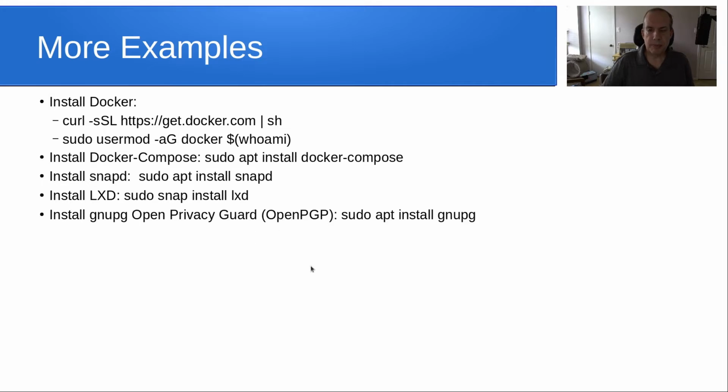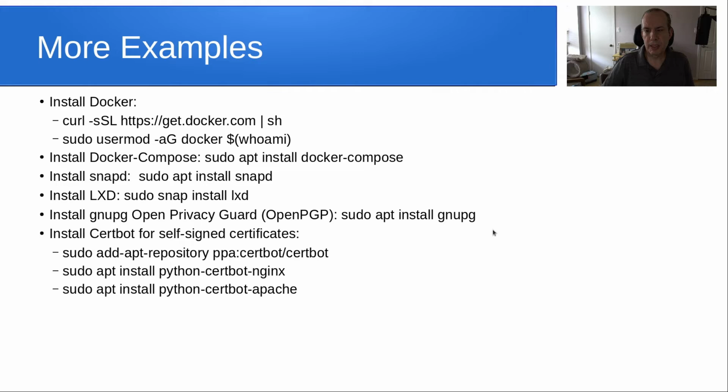And then another one that's real common is gnupg, which is the GNU Privacy Guard, OpenPGP. If you install that, then you're going to have the ability to do some encryption things that a lot of self-hosted applications will need. And then likewise install certbot. So for certbot you can do apt-add-repository for the certbot PPA.